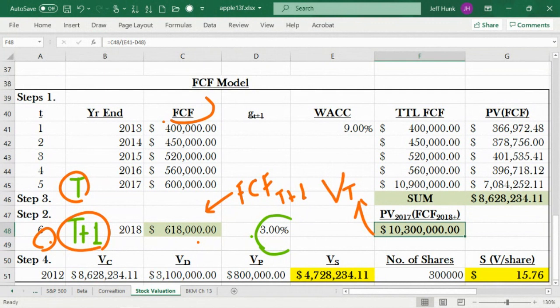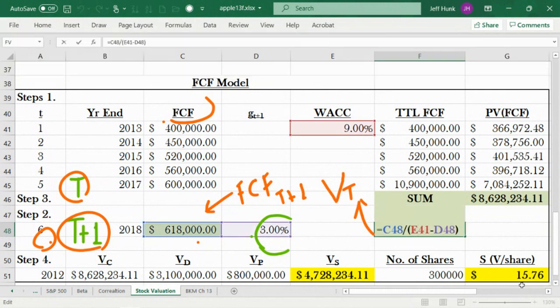Value of all the free cash flows as of time t, right? I found it by the Gordon Growth Model, right?